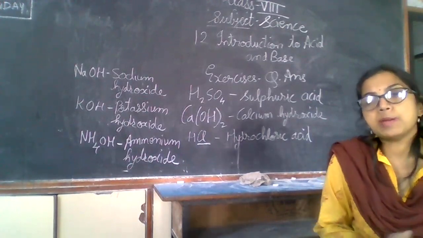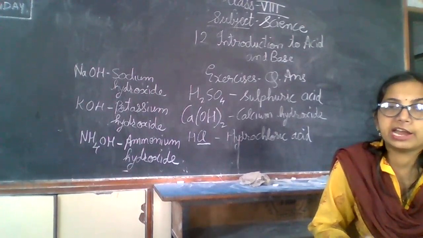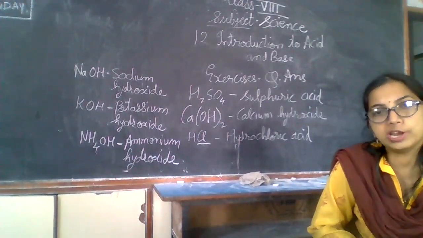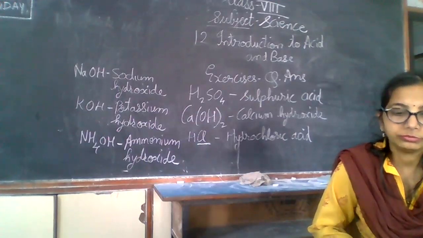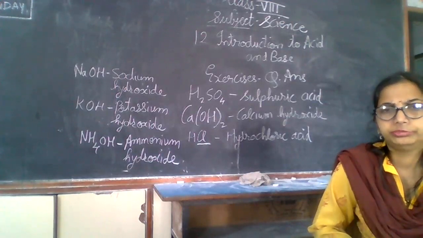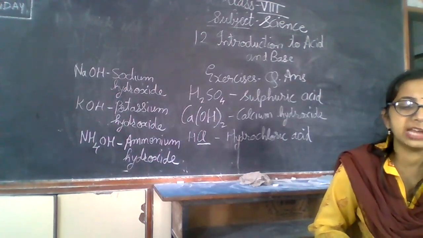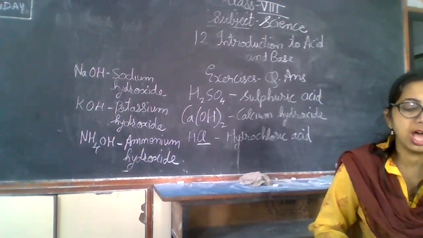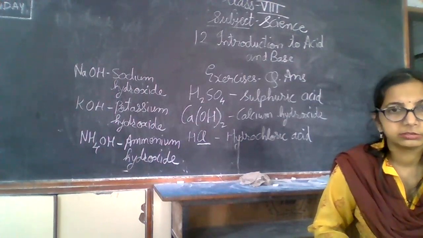Red litmus paper will turn blue if it is an alkali, and if it is an acid, blue litmus paper will turn red. Other indicators are also available, with whose help we can also identify if the bottle has an acid or a base.